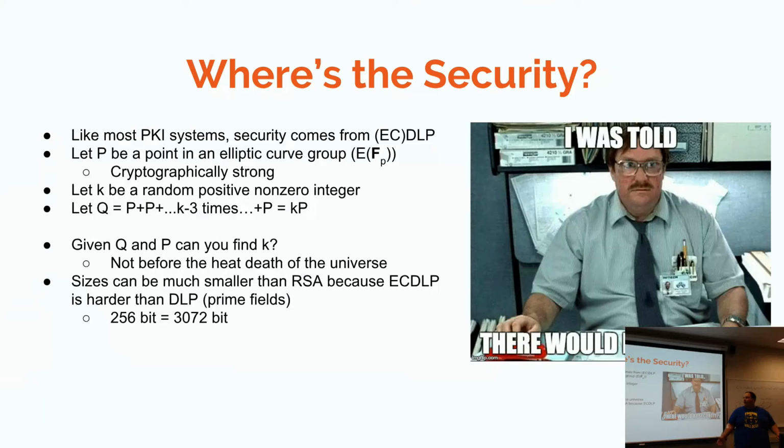So we'll say 3072 because I have it on the slide. So you have a 3072-bit RSA key. The equivalent strength for elliptic curve keys would be 256-bit. So you get all of the punch with less of the load there.